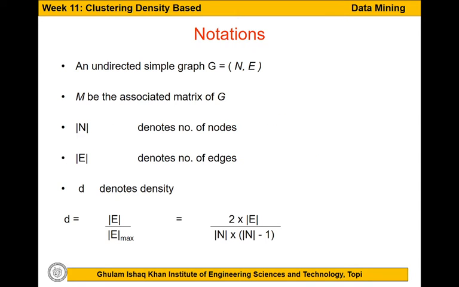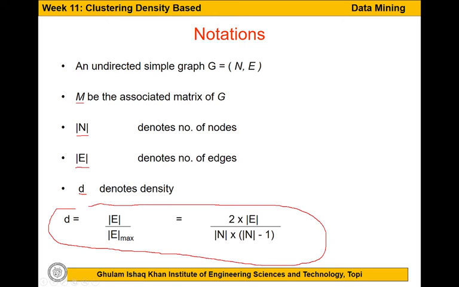So the goal of density based clustering is to extract homogeneous groups, we can call them clusters or groups, whatever. The data will be presented using an adjacency matrix, and we will be having the number of nodes as an input to the algorithm, and the number of edges, and the density is computed in this manner, which I discussed last time.